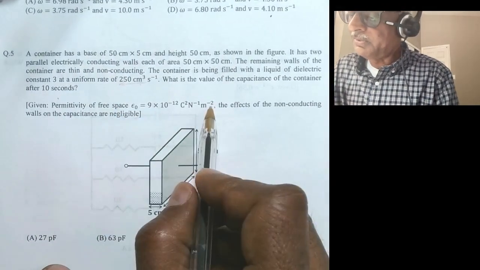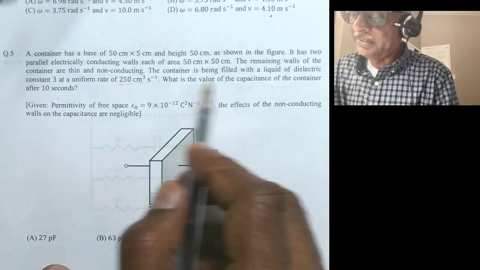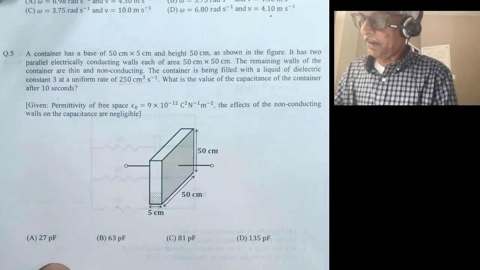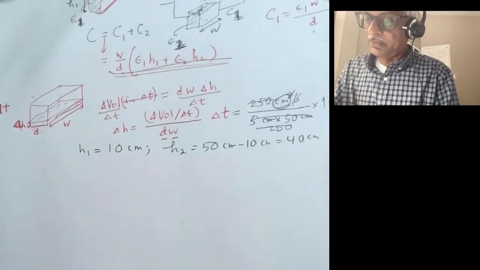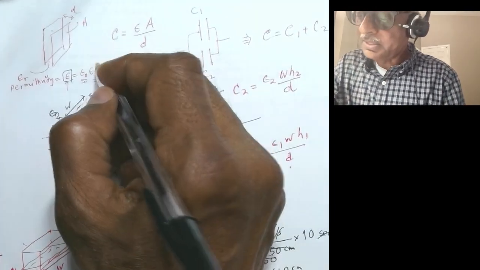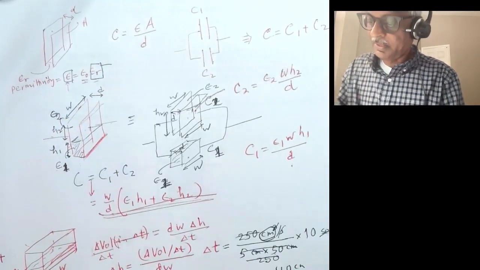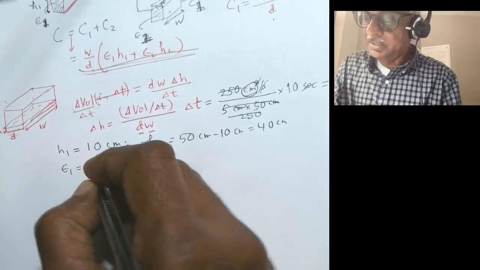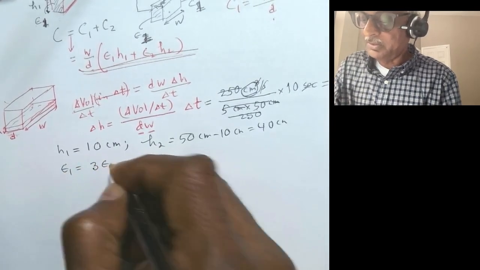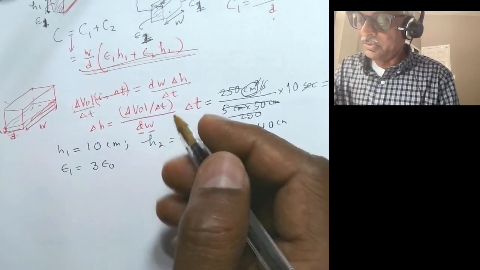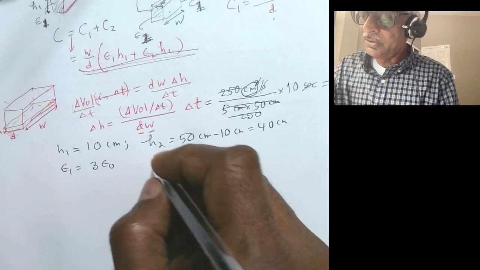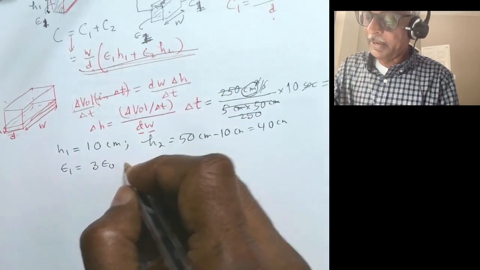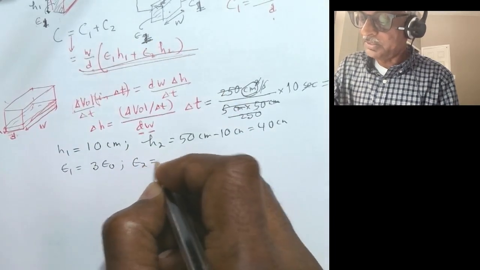Permittivity of free space is given, and the dielectric constant is 3. So epsilon r is 3, epsilon 1 is 3 epsilon naught, and epsilon 2 is simply epsilon naught.